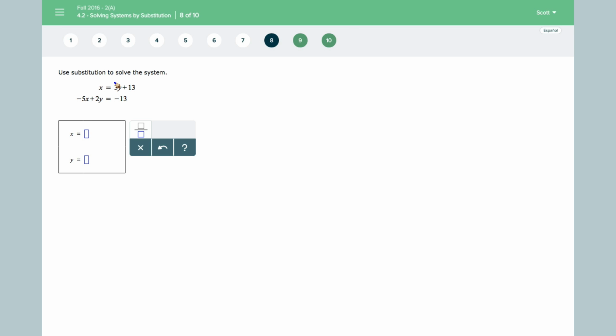Here I've got my x, which I'm going to take and replace my x. So I have negative 5 times x plus 2y equals negative 13.